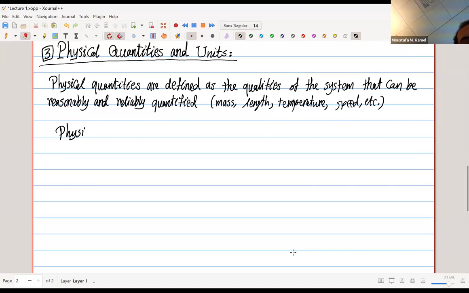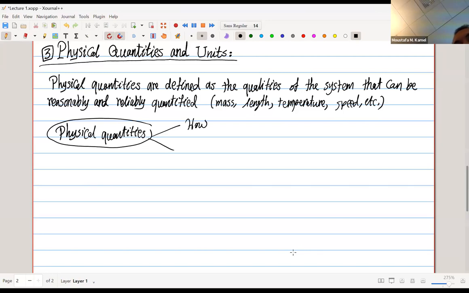Physical quantities. You can either define them by how they are measured, and this is usually for the fundamental units like mass, length, and time. You cannot define length except by saying the length of the object is that when you compare it to the length of another object, you just say how you measure it.